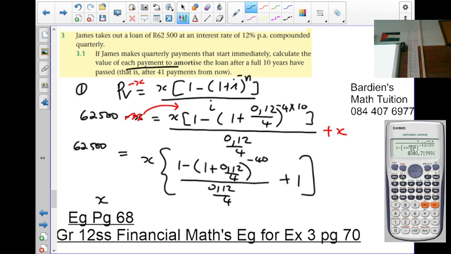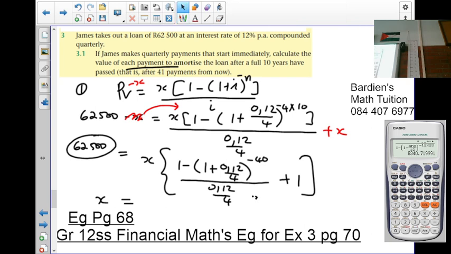Okay, so now to get x on its own, I'm going to say 62,500 divided by this bracket. I don't want to make a mistake there. So let's put it divided by, and in brackets, I've got the fraction 1 minus 1 plus 0.12 over 4 to the exponent negative 40, over 0.12 over 4, plus 1.